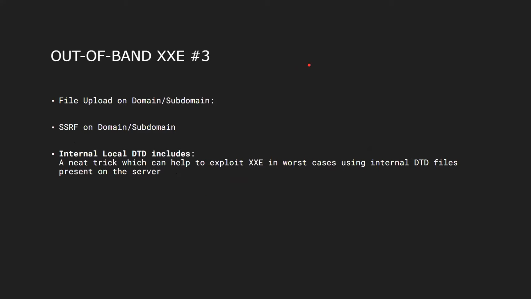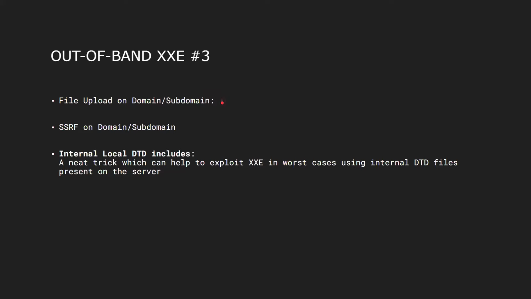Okay, so let's see how we can tackle this situation. Even though there is egress filtering, let's say there could be a whitelist applied to some of the domains or subdomains of the organization. If you find a domain which is whitelisted to send out-of-band HTTP requests to, and you could find an unrestricted file upload on it, then you could upload the same XXE DTD file that you were hosting on your attacker server to one of those whitelisted domains or subdomains, and use that in your XML payload.